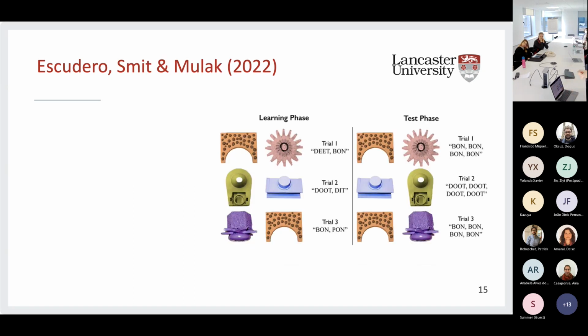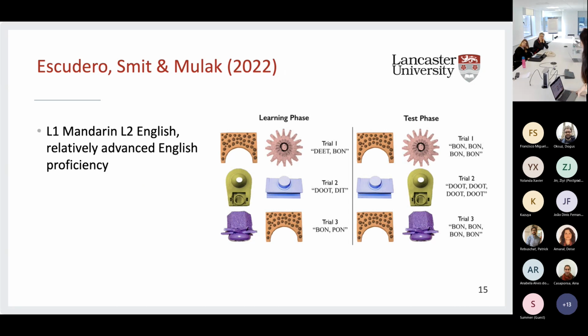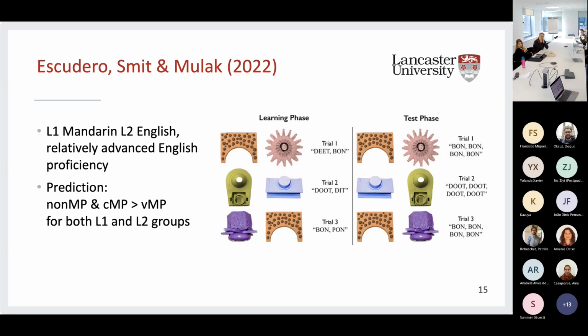And a more recent study by Escudero et al. This year, they used the same words, same materials with L2 speakers. So here the participants are Mandarin natives who speak English as a second language, and they are advanced English speakers. So they want to see if and how L2 learners perform in this kind of task. And the authors predicted that for the L1 group, it should be the same as the previous experiment.